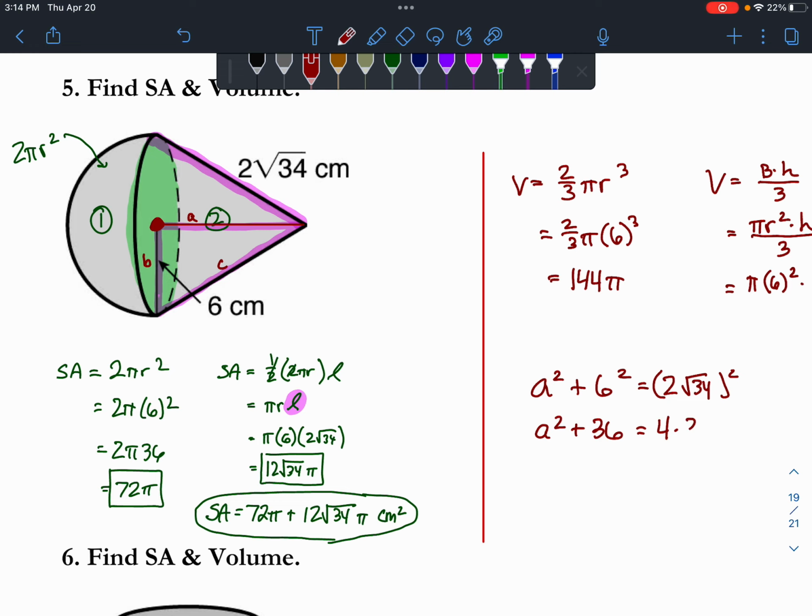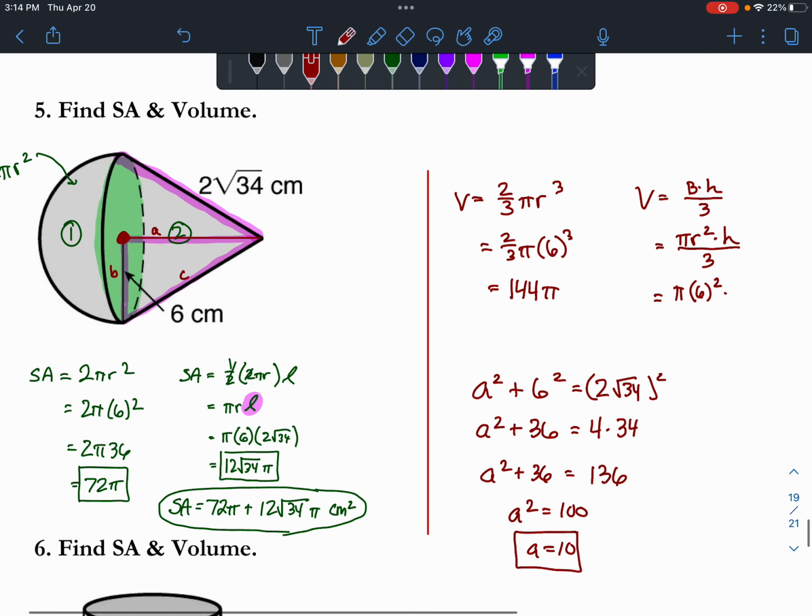We actually just end up with what is inside the square root symbol there. So you actually find out that your A squared plus 36 equals 136 on this side. Subtract off your 36. You find out that your A value is a very nice number of just 10.